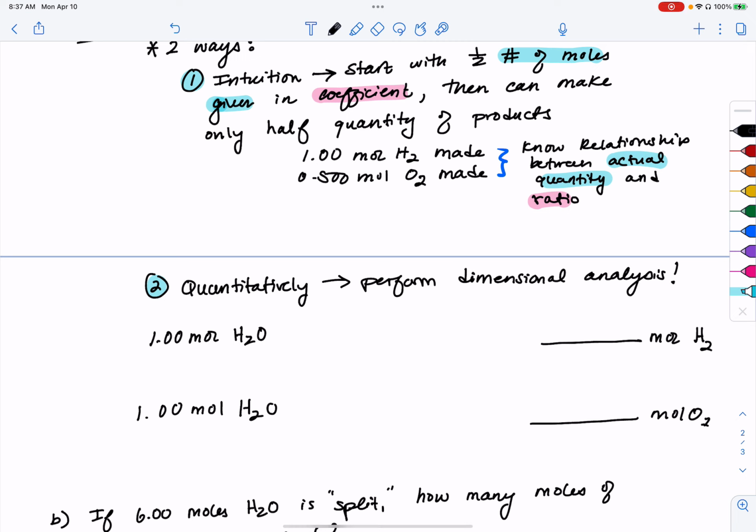So this is what we have in our pantry, right? We have only 1 mole of each. And now I am going to use the mole ratio given in my recipe to put us out of the mole of reactant unit and into our mole of desired product unit.